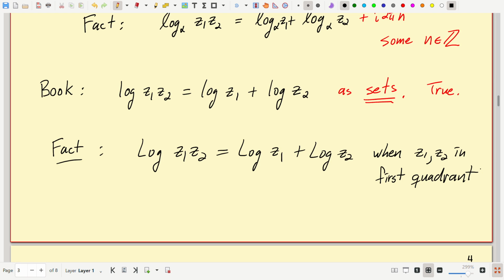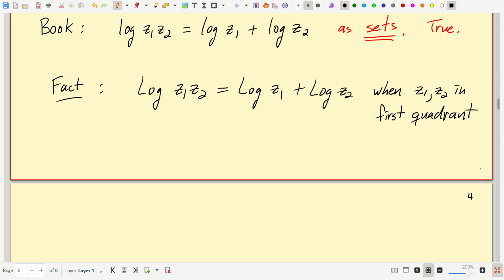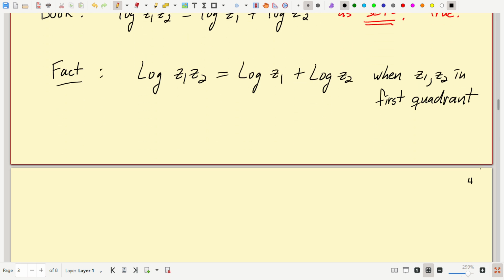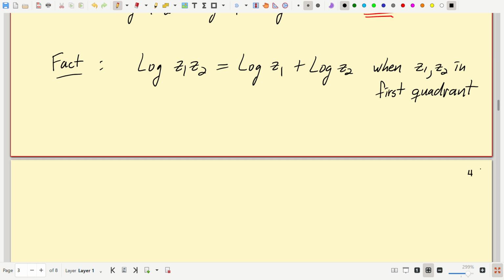I'm going to go back to the polar Cauchy-Riemann equations now. The book gave you a hint on how to do it, and I'm not sure that's the best way to do it. So back to the polar Cauchy-Riemann equations. We've got two ways to write an analytic function now.